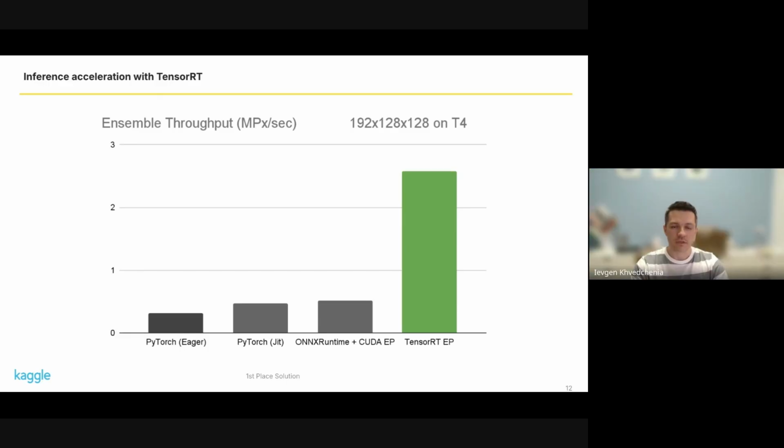I think this slide is self-explanatory, but maybe Eugene wants to say a few words on the TensorRT inference. Yeah, it definitely had a key role in fitting all our models into the time limit of this competition, given the big number of studies we had to process. We started with eager PyTorch, which was nowhere near the final speedup we got with TensorRT. There were a couple of hiccups, mostly because of the MONAI support for exporting models to ONNX.